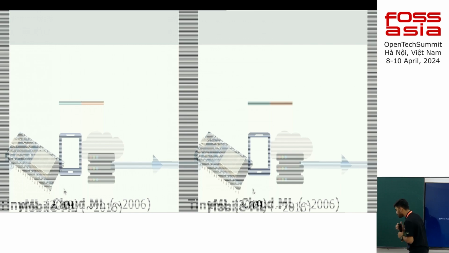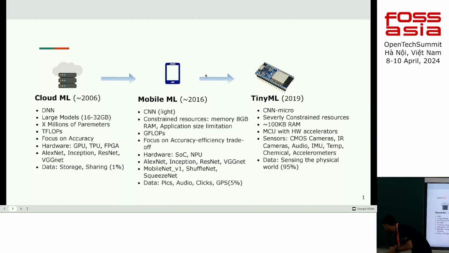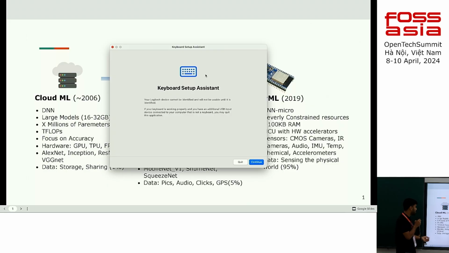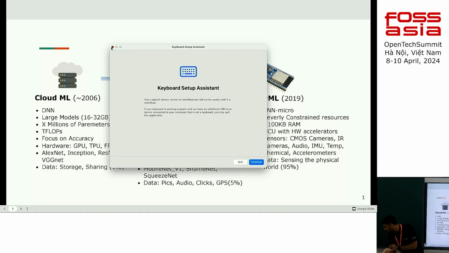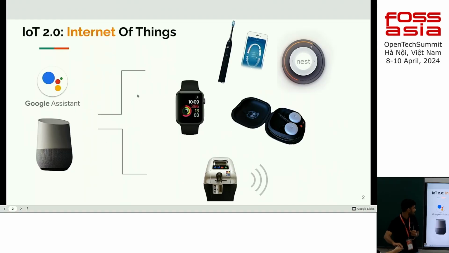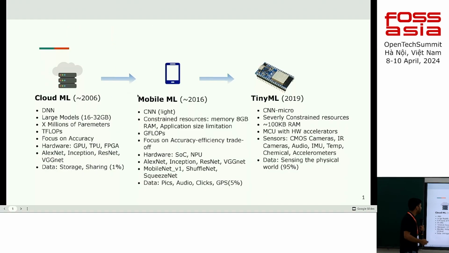It needs at least 30 to 60 GB models and teraflops of processing power to run machine learning, and we need GPU, TPU, FPGA, etc.